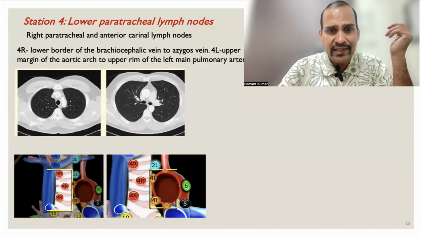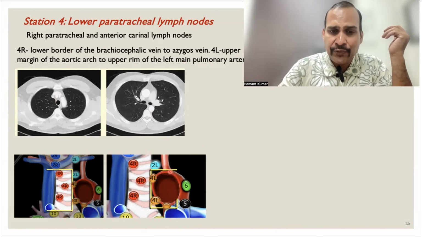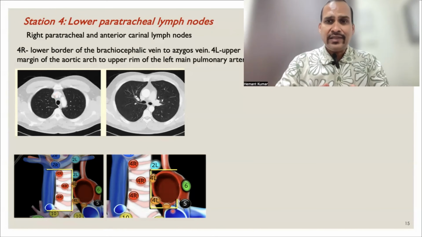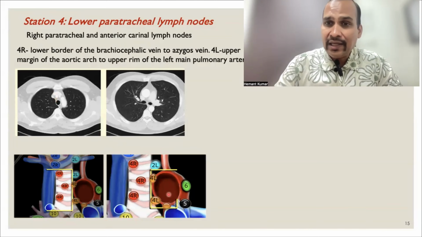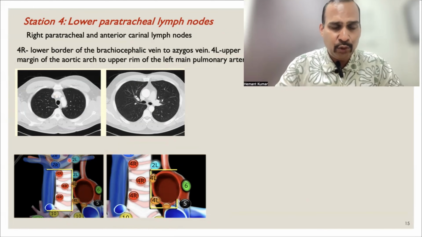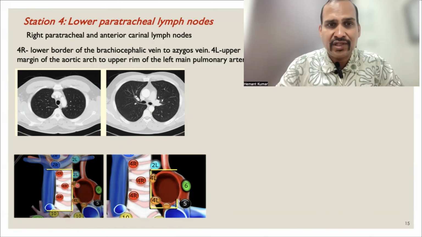On the left side, it extends from the upper border of the arch of aorta to the lower border of the arch of aorta. Along the arch of aorta, if you find the arch of aorta, then right to the arch of aorta is 4L. And what about the margin? As I told you, along the left lateral border of the trachea, this is 4R.